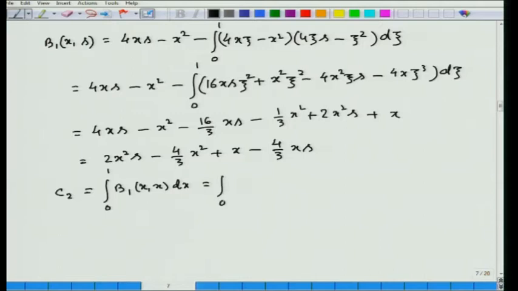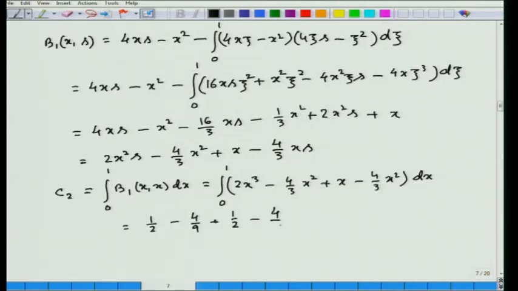This is equal to integral 0 to 1 (2x cube minus 4 by 3 x square plus x minus 4 by 3 x square) dx, and after evaluating this integral this will be half minus 4 by 9 plus half minus 4 by 9, and this will be equal to 1 by 9. So, this is the value for C2.